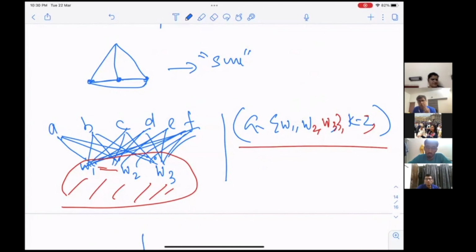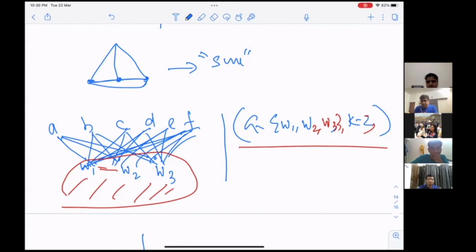First of all, I'm definitely deleting 3 vertices here, W1, W2, W3. How are you even guaranteed that from this part of the world, A, B, C, D, E, F, W1, W2, W3, you will pick at least 3 vertices in the vertex cover? Is this even guaranteed?